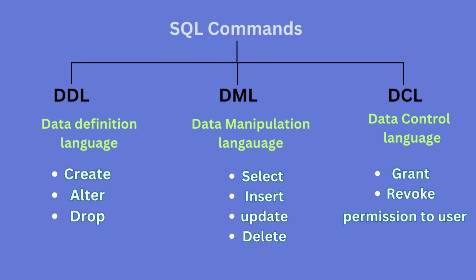It is used to select, insert, update, and delete data from the database. And Data Control Language grants or revokes the permission for users to access the database. So these were the basic commands which we use in our database.